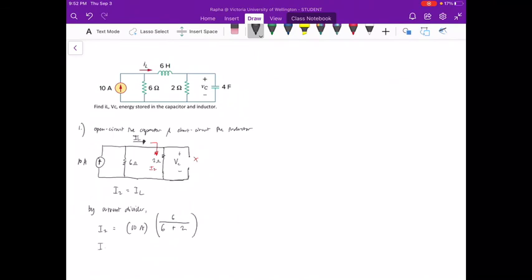We have I2 is equal to 7.5 amperes, which is also equal to our IL. Now we have our first answer.